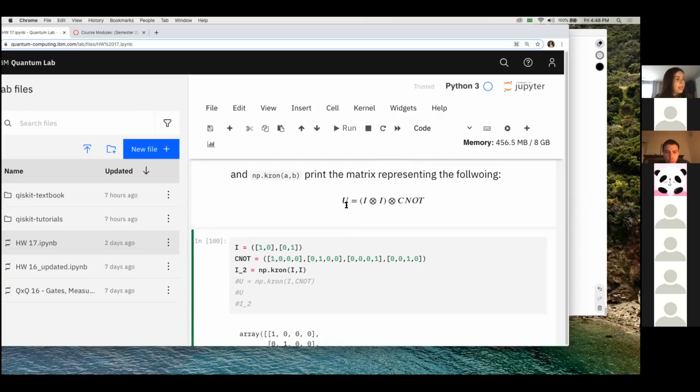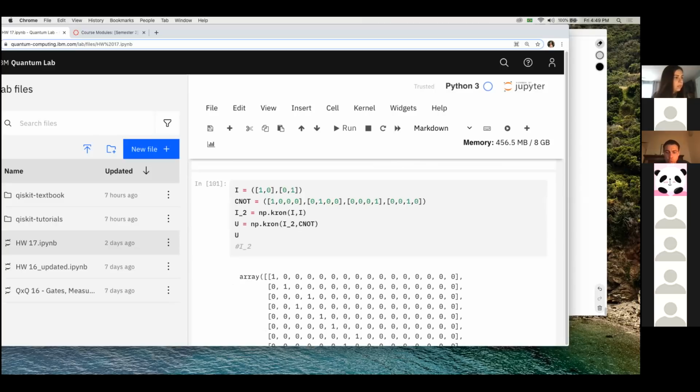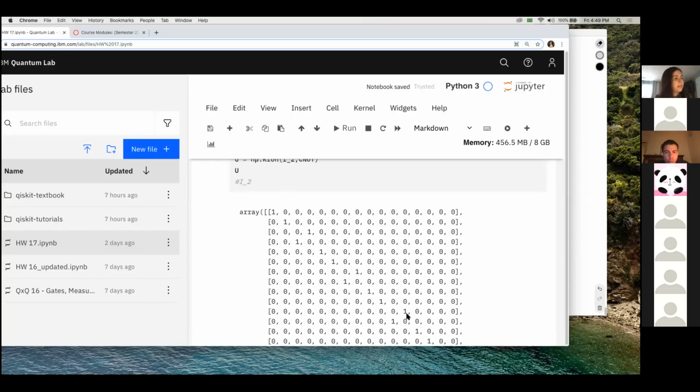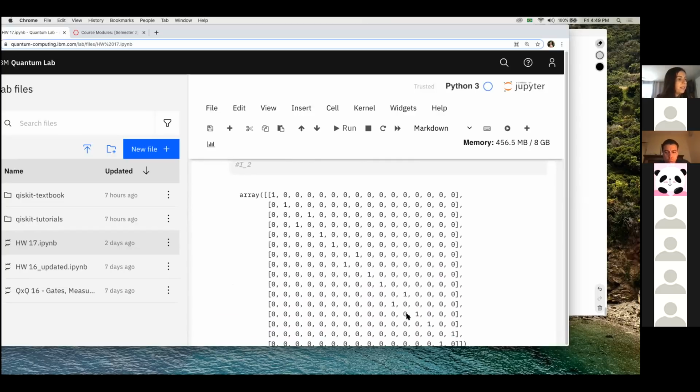So the U matrix is the product of I2, that's this matrix, times C0. And we call the matrix to see the result. And if it doesn't bug, here we have it. This gigantic matrix.